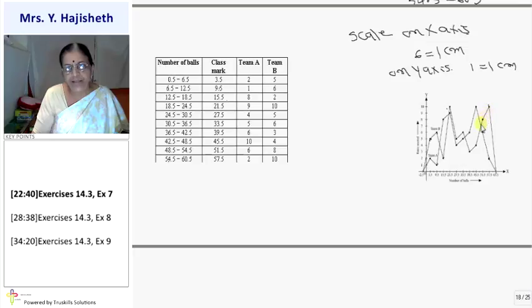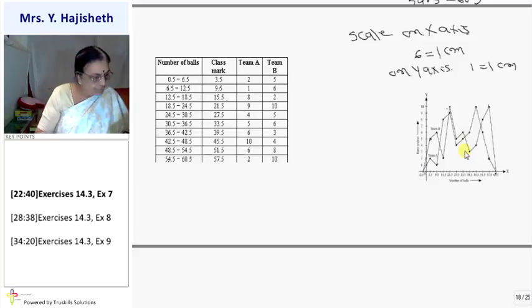So join them by line segments like this. Okay? And the last point is joined with the x-axis at the class mark of the succeeding class, and the first point is joined with the class mark of the preceding class. So I have completed the frequency polygons of both on the same graph paper, the same screen.